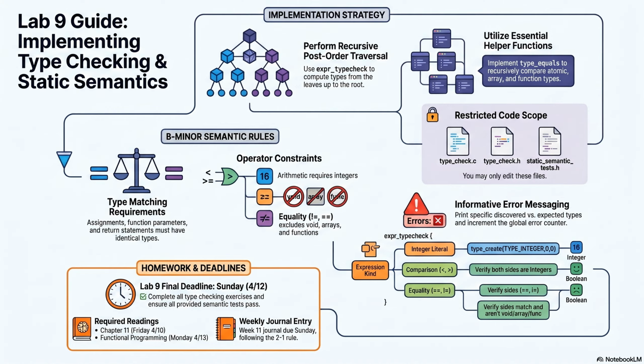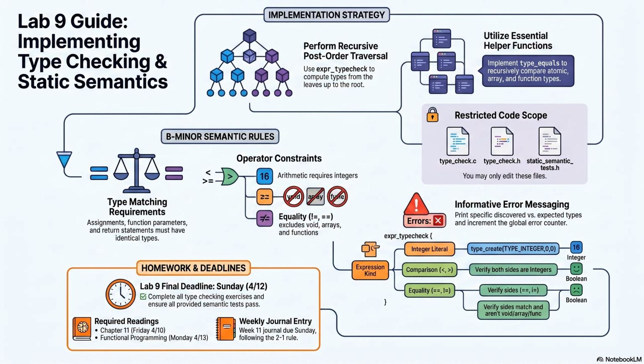That's right, and that's where the Lab 8 symbol table integration comes in. That's why you did that work last week. So your implementation has to follow the symbol pointer that you established in the previous lab. Yep, you access the symbol table structure, extract the type information, and then you have to copy it using a type_copy helper function. And then you just return that copy up the tree.